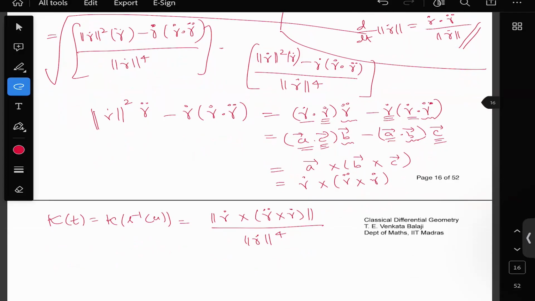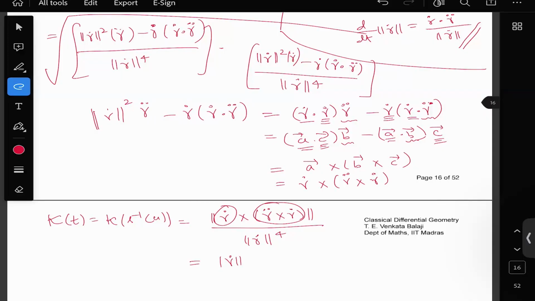Now just think about it, this gamma dot cross gamma double dot, the direction of the cross product is perpendicular to both of the original vectors. So you see this gamma dot and this vector are perpendicular, and therefore when you take the cross product, by the definition of the cross product of two vectors, it is the modulus of the one multiplied by the modulus of the other into the sine of the angle between them, which will now be 90 degrees.